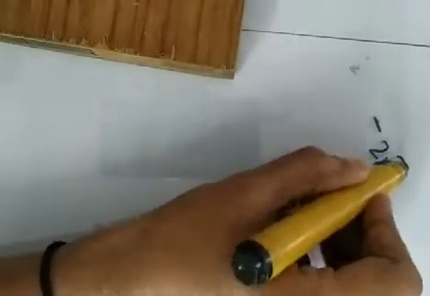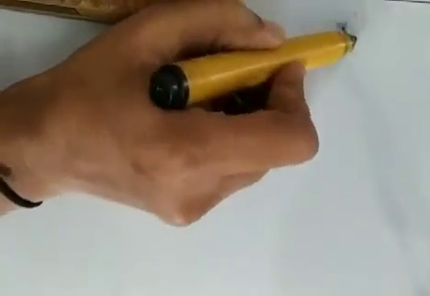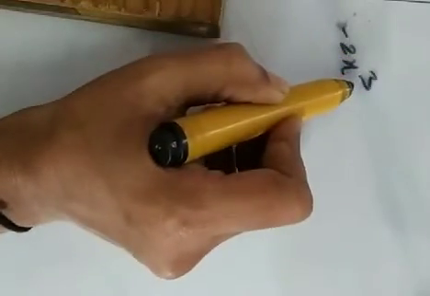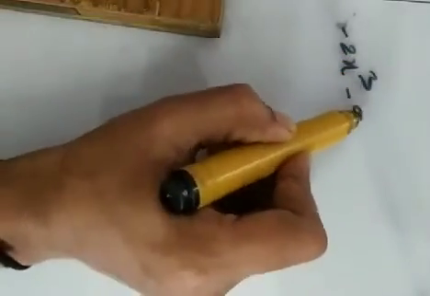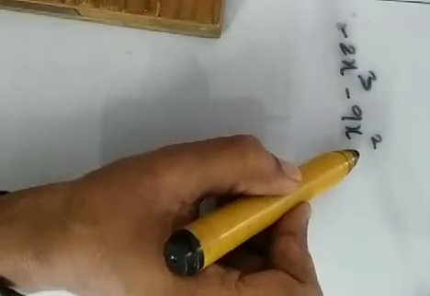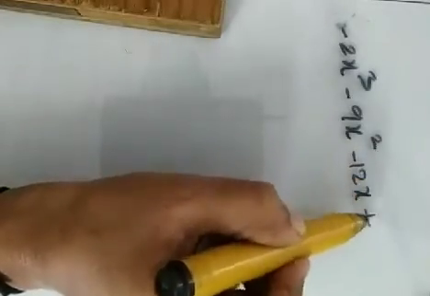Minus 2x cube minus 9x square minus 12x plus 1. Let us take the question: minus 2x cube minus 9x square minus 12x plus 1.